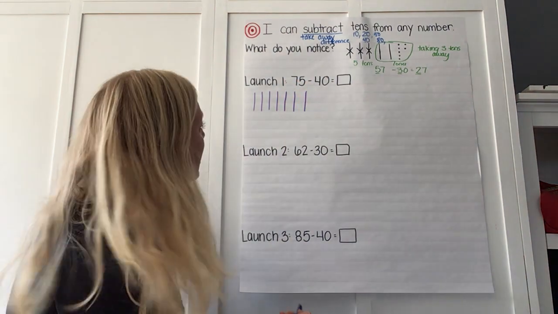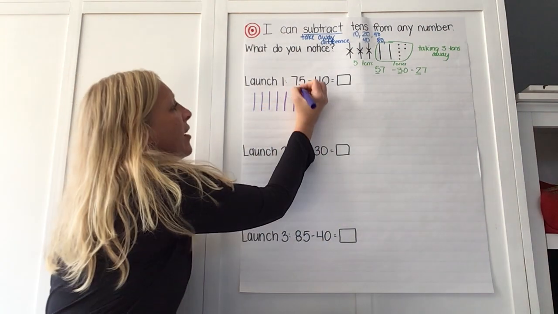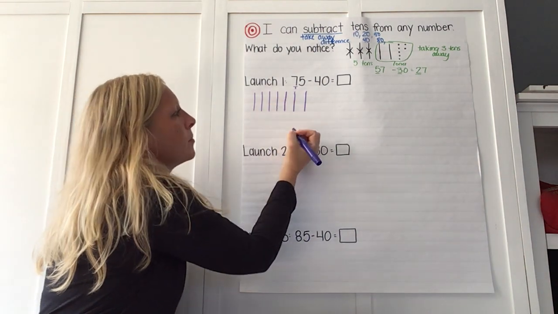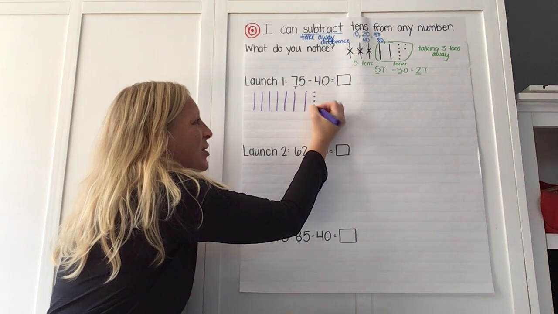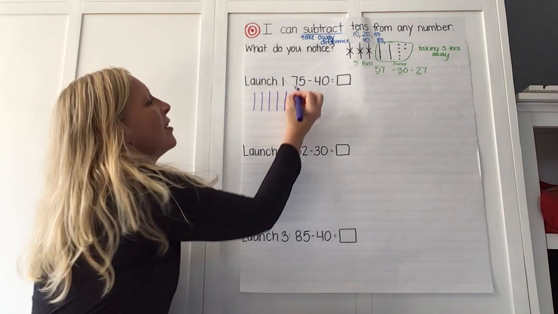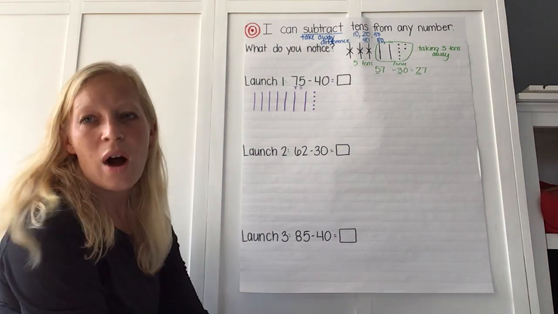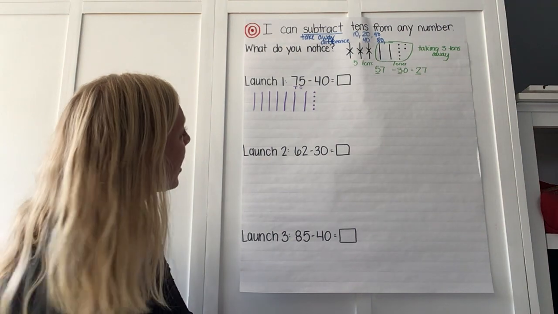Why did you lay out 7 10s? Because in 75, there are 7 10s. What did you do next? You put out 5 1s. And why did you do that? Because in 75, there are 5 1s. There's a 5 in the ones place, so there's 5 1s.